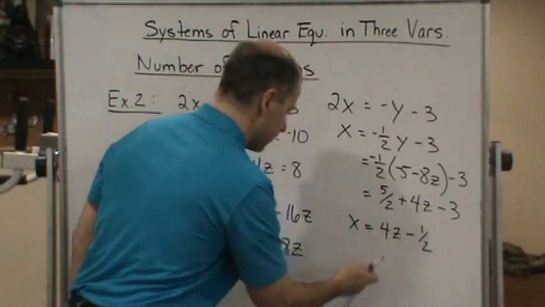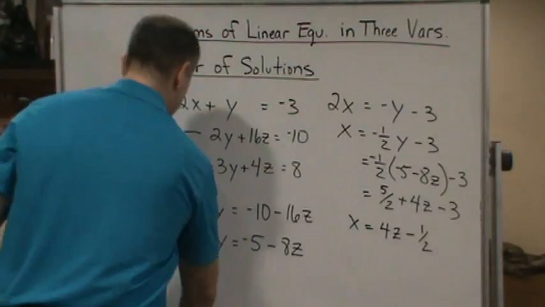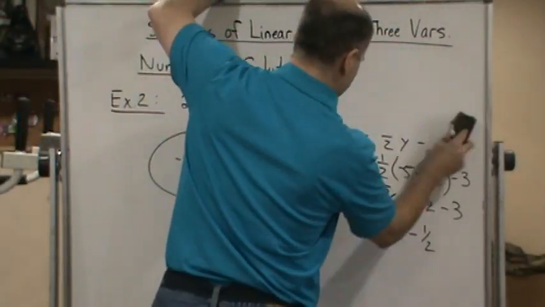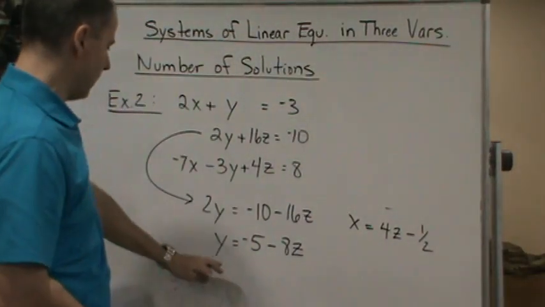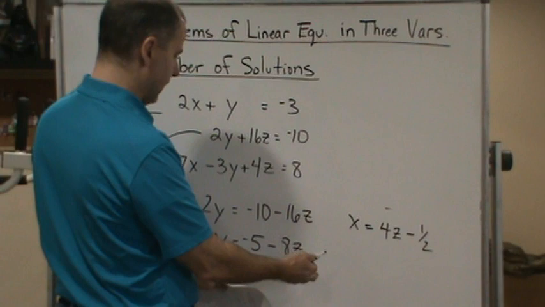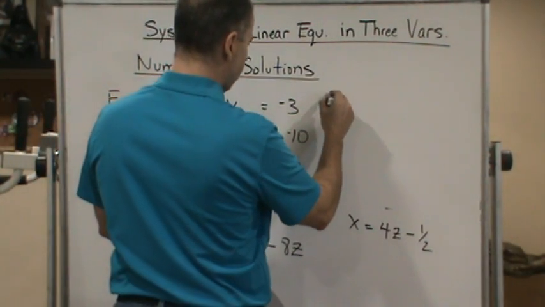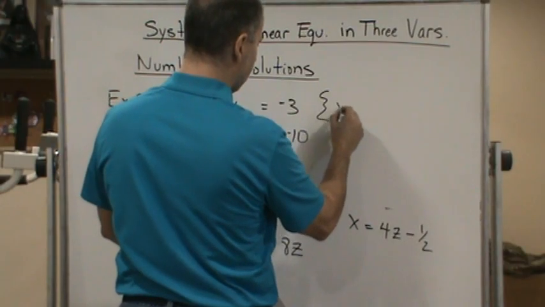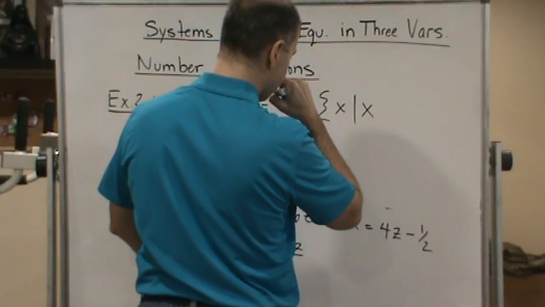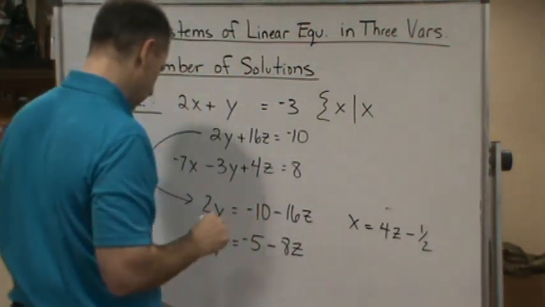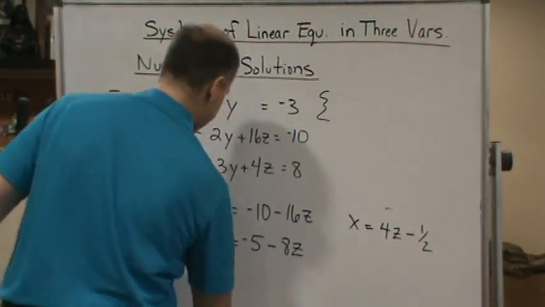So now we've got x and we've got y. Now we can write our ordered triple. Our ordered triple is going to show infinitely many solutions, because z is going to be free to be any real number. So the way we would write this is the set of all x such that, hold on a second. That's not the way I want to write that. It's an ordered triple.